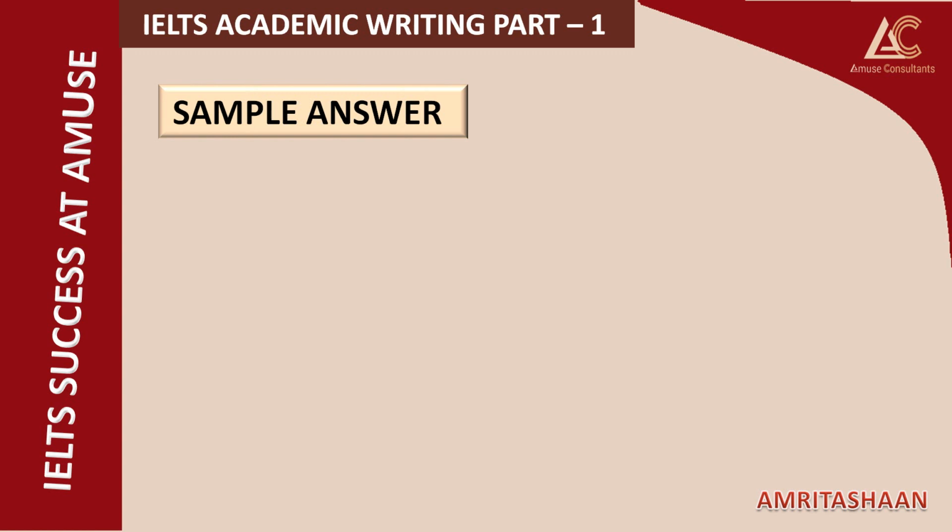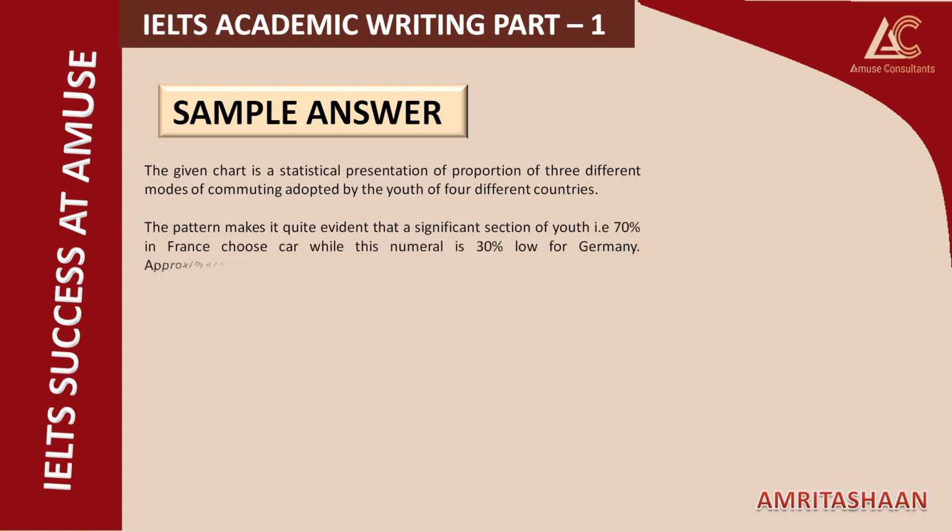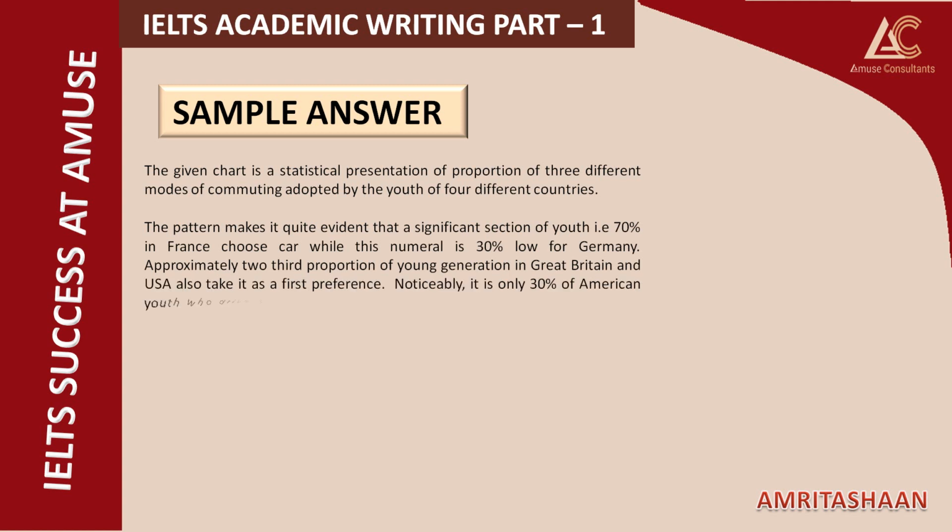Now I am going to read for you the complete sample answer that we have discussed. The given chart is a statistical presentation of proportion of three different modes of commuting adopted by the youth of four different countries.